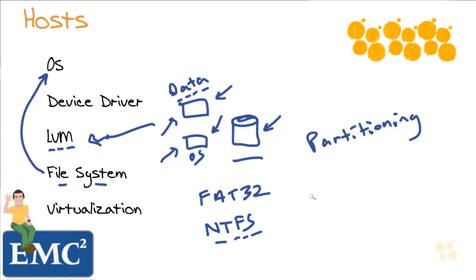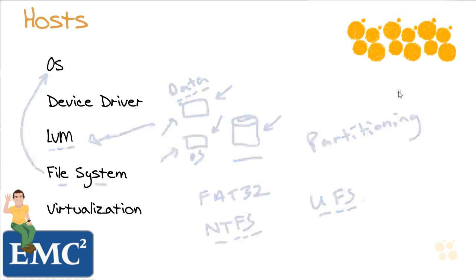Or how about the Unix file system, or UFS? So a file system is going to give you a logical way in which to work with all the stuff that you have stored. We have directories, subdirectories, files that become part of that file system.